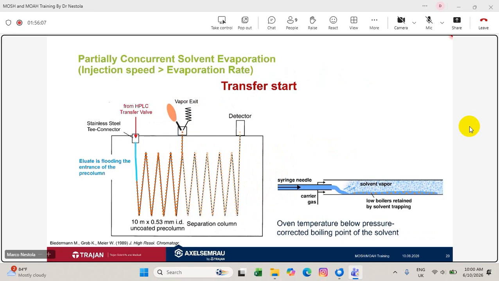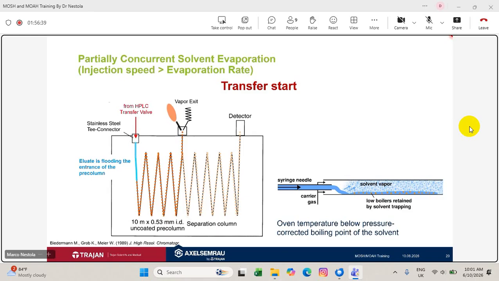I would need to calculate the volume, but it would not hold 500 microliters by itself. So what we are doing here is called partially concurrent solvent evaporation, which means we are injecting faster than we are evaporating, but the column does not need to hold the complete volume. It only needs to hold the amount of volume that's not evaporated in this stage.